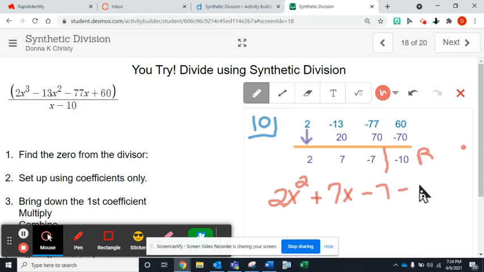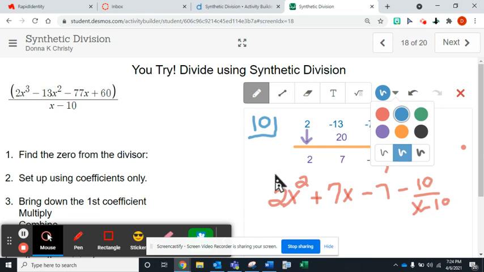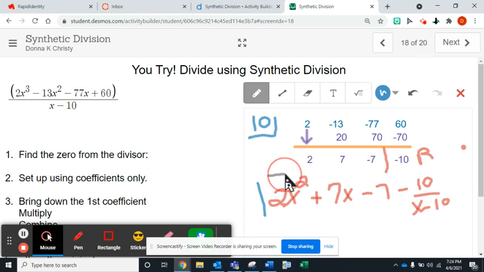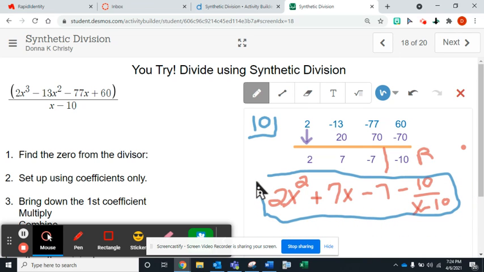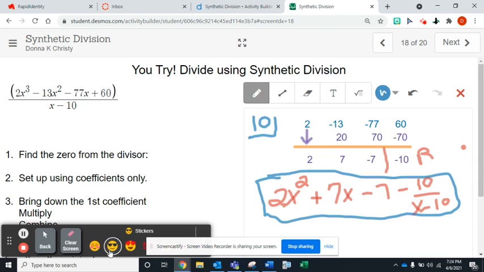And then it's going to be minus 10 because that's a negative over the divisor, which is x minus 10. And that is another synthetic division problem. So we have divided and conquered. Y'all are the bomb. I like this one.